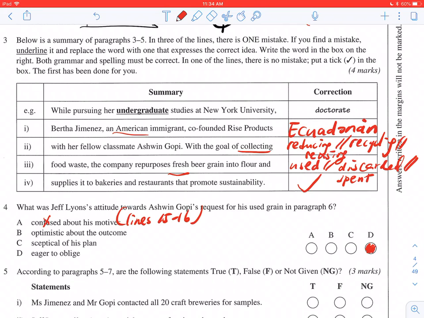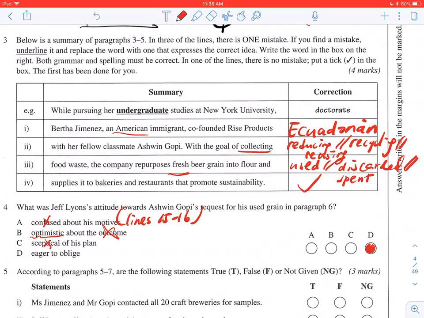For B, optimistic about the outcome. Maybe optimistic, you can see that, but not about the outcome. There's no mention of an opinion about the project's outcome. No. C, skeptical of the plan, and we cannot see any evidence of skepticism here.